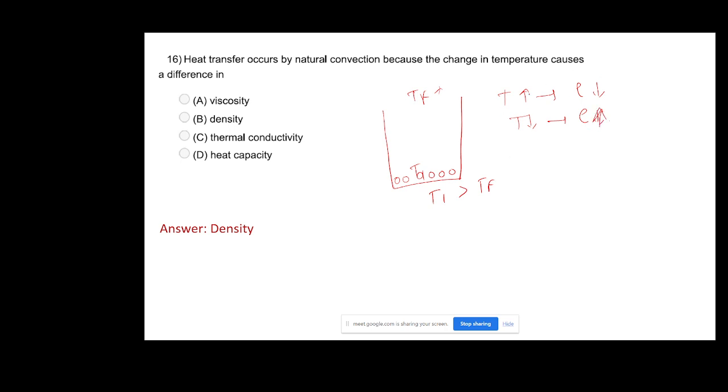So this difference in density will cause the fluid which is upwards, having lower temperature and higher density, to come downwards, and the one in contact with the surface, having higher temperature and lower density, to move upwards. So this will cause a bulk motion and it will cause natural convection. So the correct answer is density.